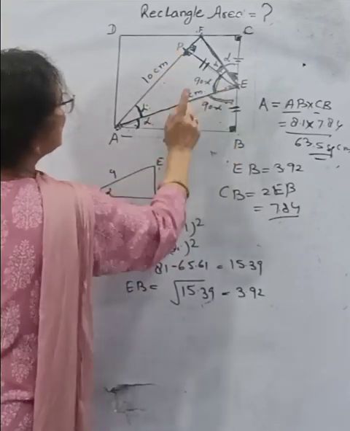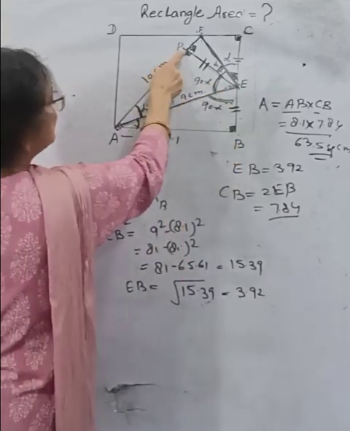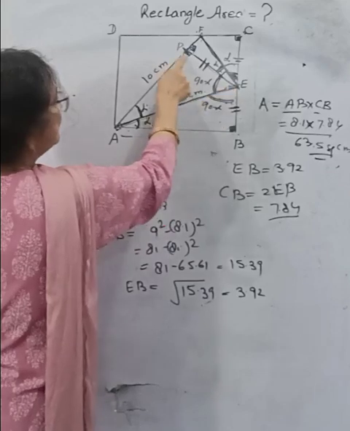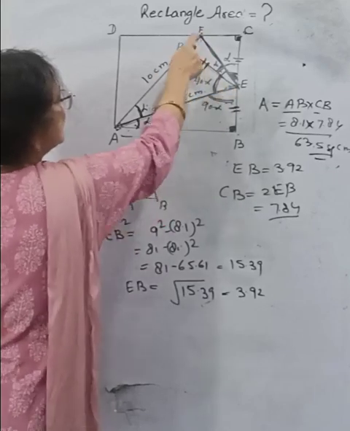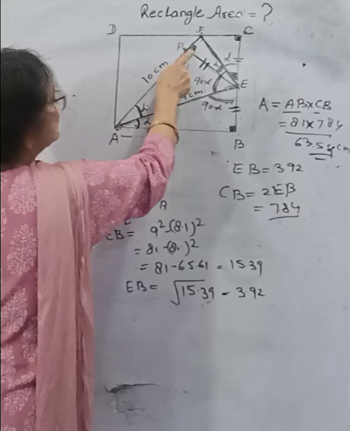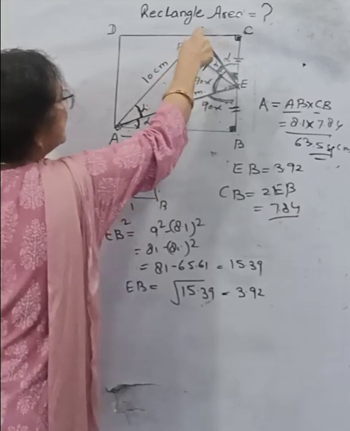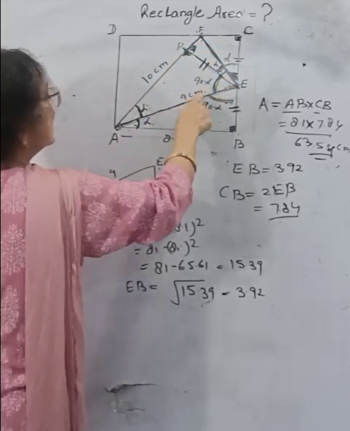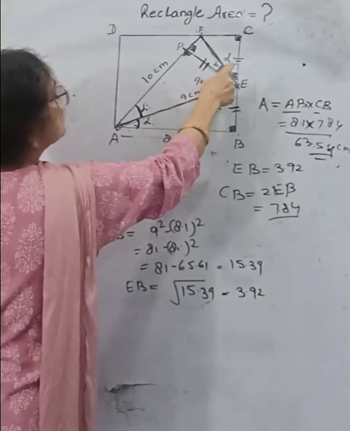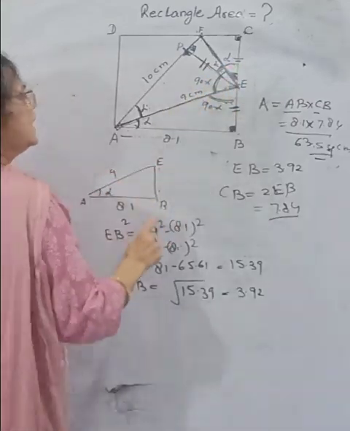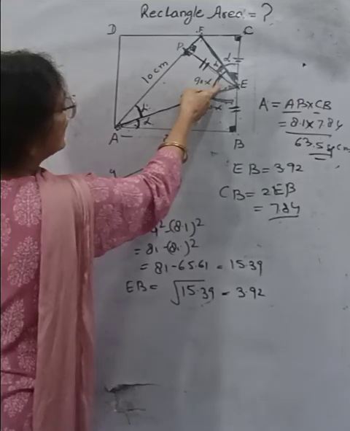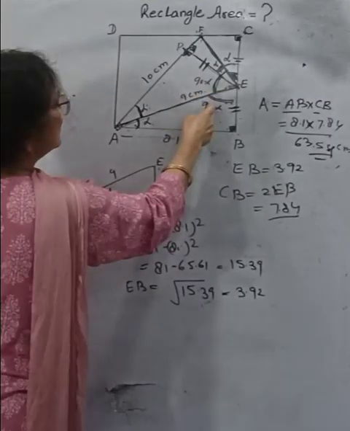And when PE becomes equal to BE, then we have to compare the triangles PEA and FEC, in which this is 90 degrees, this is 90 degrees, and this side is common, and hence this angle will be equal to this angle. The whole angle was 180 degrees, and this was 90 minus alpha, this is 90 minus alpha.